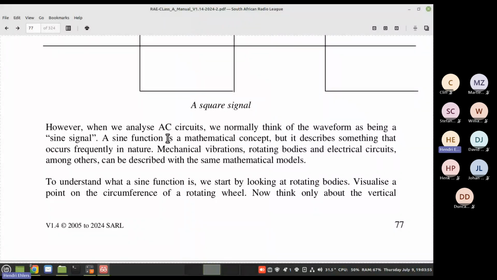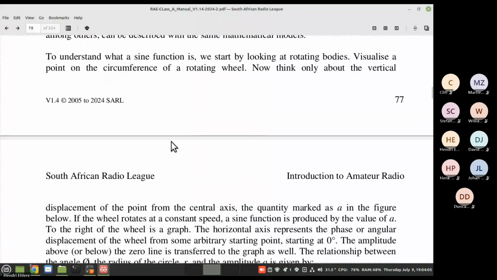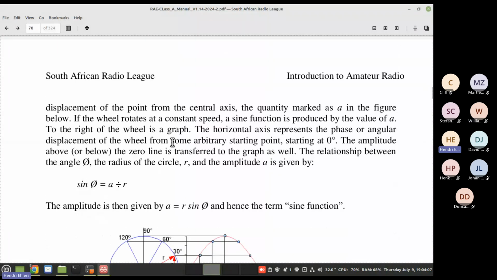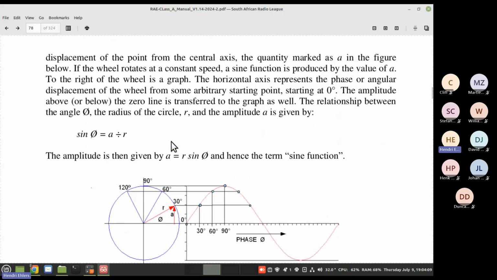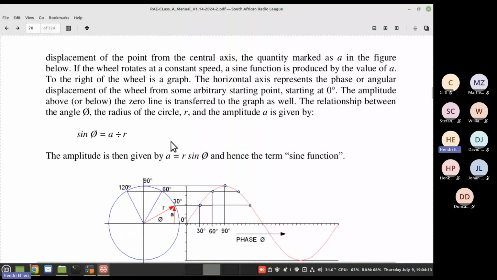To understand a sine function, we start by looking at rotating bodies. Visualize a point on the circumference of a rotating wheel.